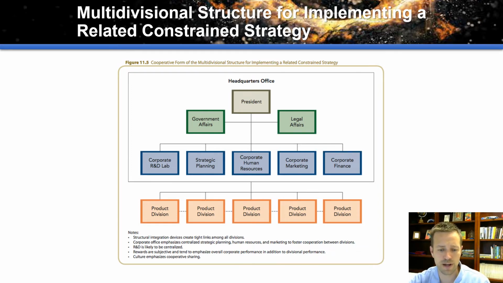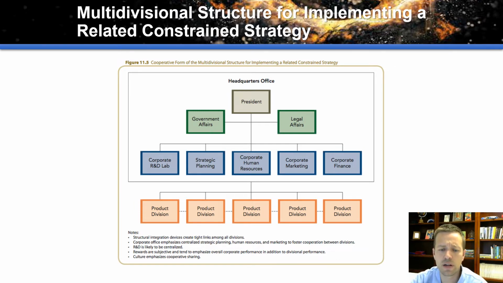I'm going to read the notes and comment on them a little bit. But basically, you've got structural integration devices that create tight links among all divisions. You want all the different divisions working very closely together. You've got government affairs and legal affairs up here at the top kind of overseeing things, but the action is happening at lower levels of the company primarily.